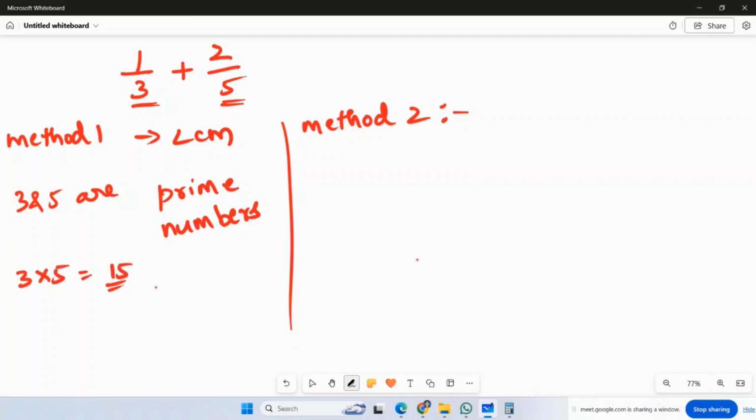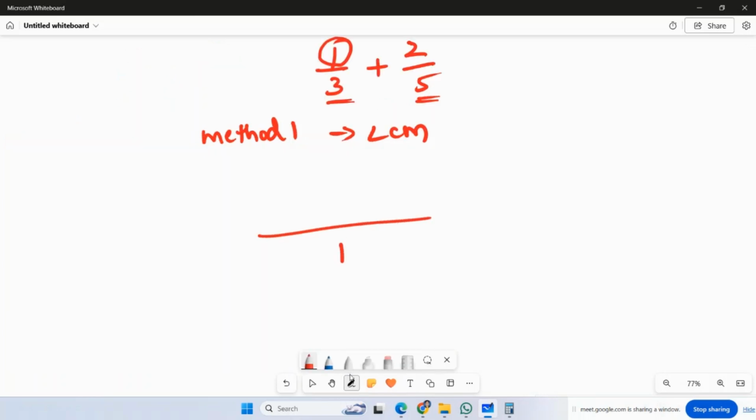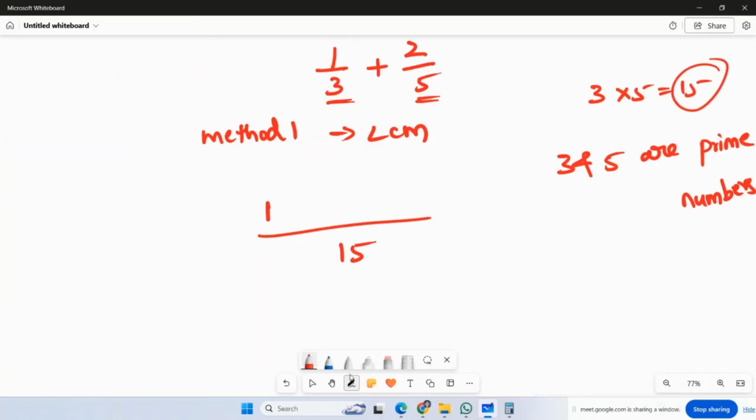Now let's convert the fractions to the same denominator. The LCM is 15. For the first fraction, 3 is the denominator, and 3 times 5 is 15, so the numerator 1 is multiplied by 5.